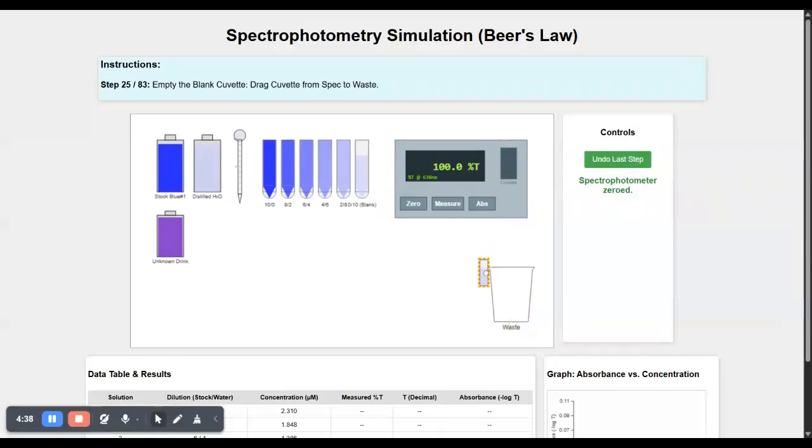Now we're going to discard this. And now we have to rinse it to make sure there's no cross-contamination. So we're just going to grab water and put it in our cuvette, and now we're going to begin our lab. We're going to grab from our first test tube and place it into our clean cuvette.